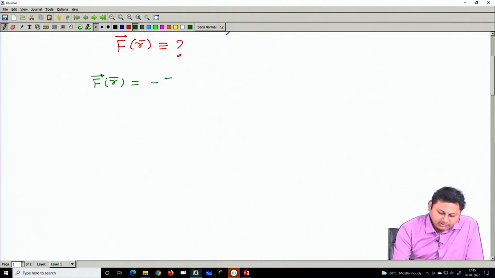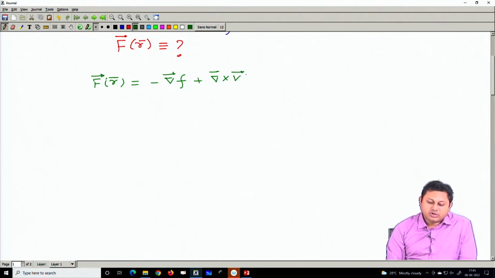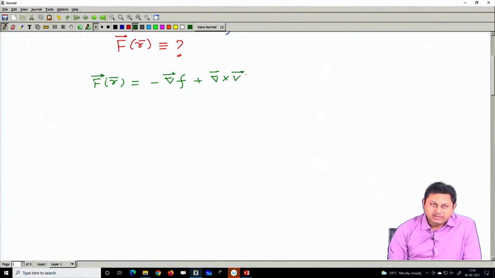One is the gradient of a scalar field plus the curl of a vector field V. So, this is the decomposition. I can decompose any vector field F in these two forms.